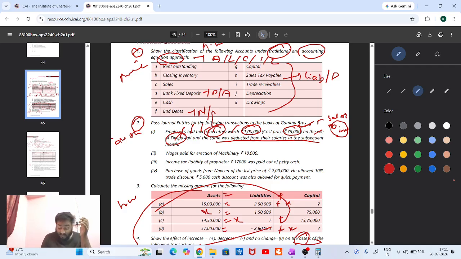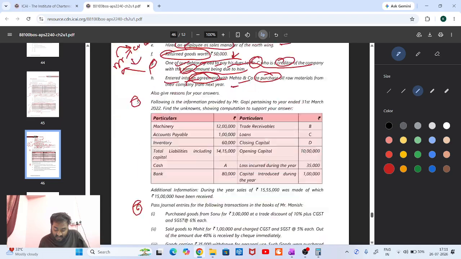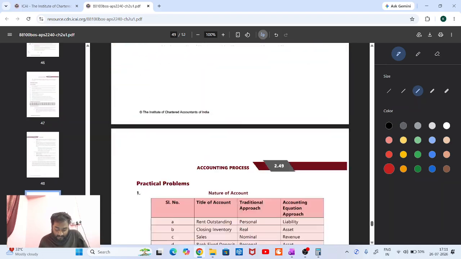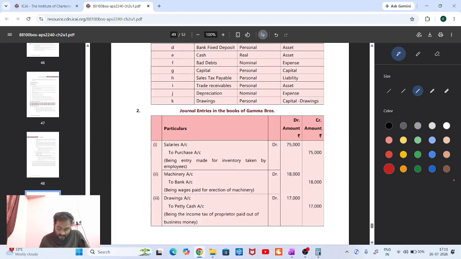They did not consider inventory as an asset, they considered it as a purchase. Salaries to purchases, sorry. It would not reduce the asset. We will do reducing the asset later.